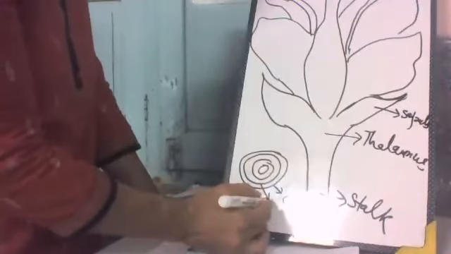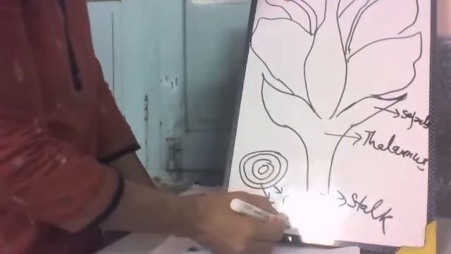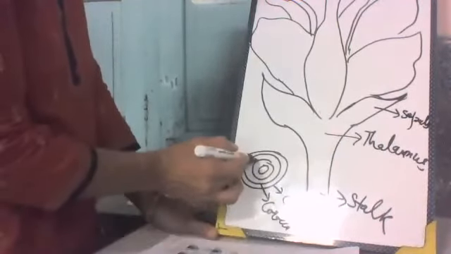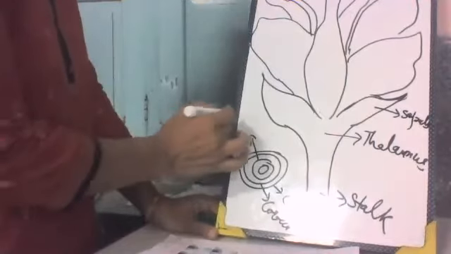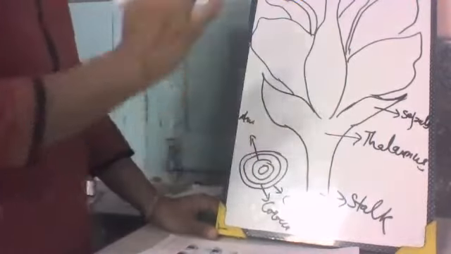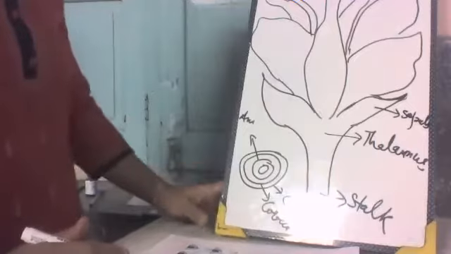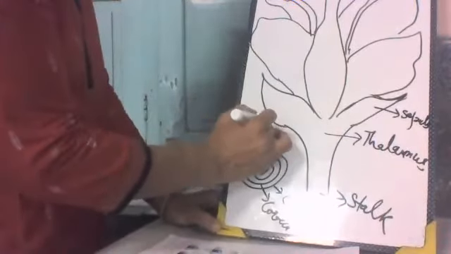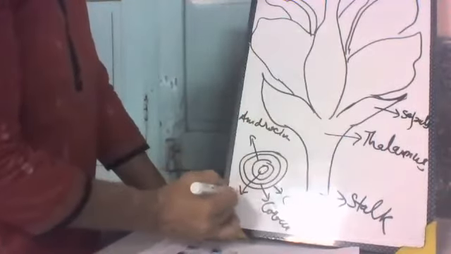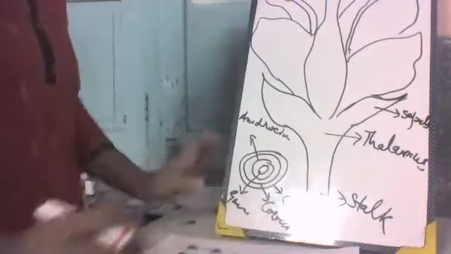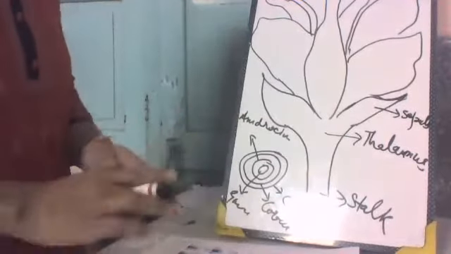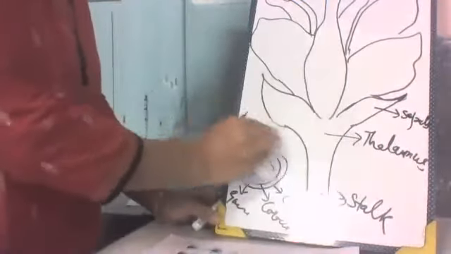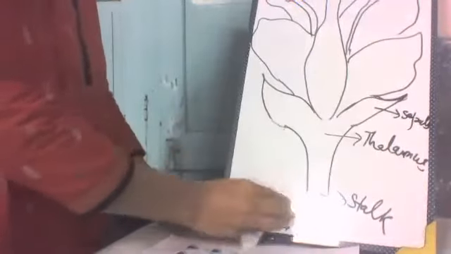Inner to the outermost is known as the corolla, and the third whorl of the flower is the androecium, which is the male part of a flower. The innermost is the gynoecium. These are the four whorls of a flower. So let us have a look at all four whorls.